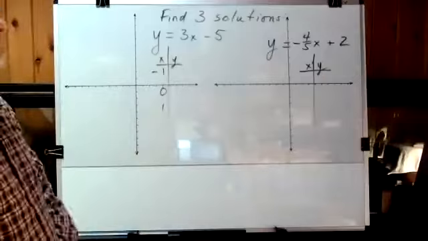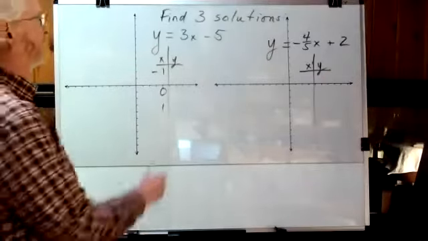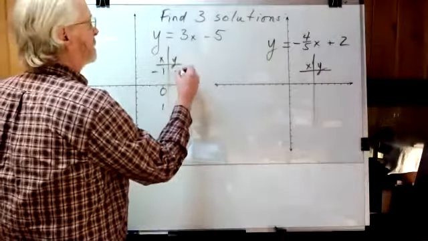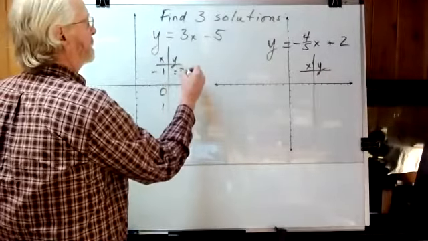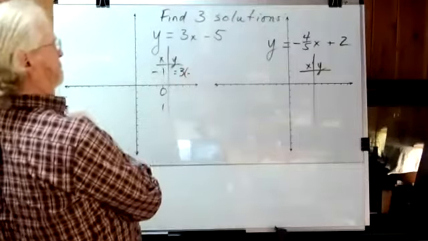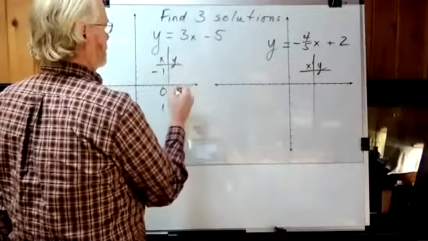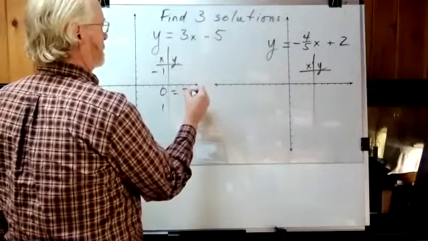Yeah, so now you put those in for the X value. And can I tell you what equations I wrote out? I just did Y equals 3, and then in parentheses 0 minus 5, and that is how I got -5 for my answer. Yes.